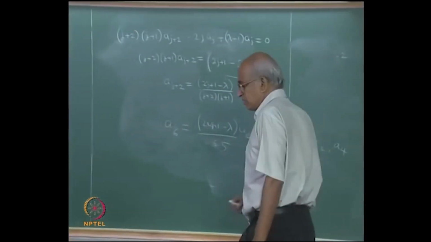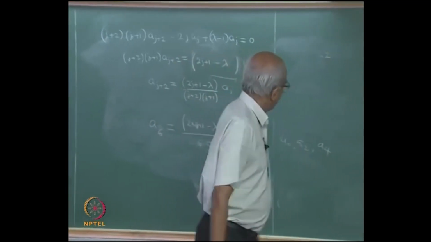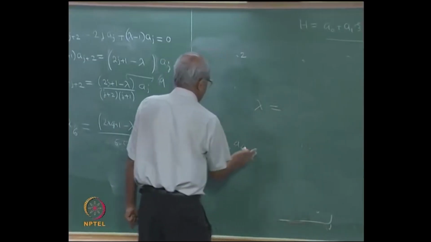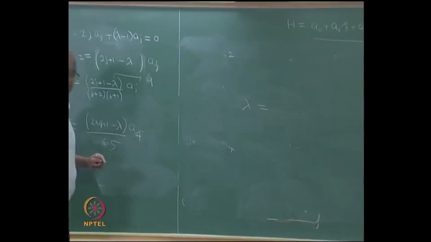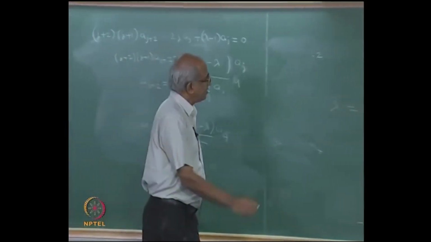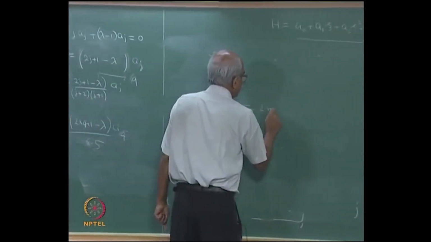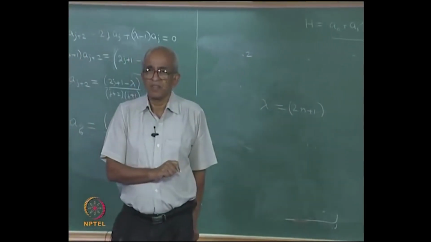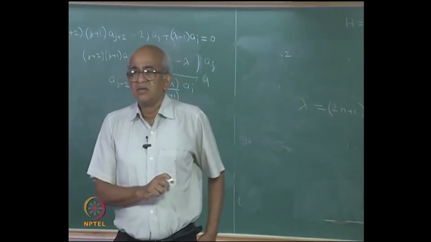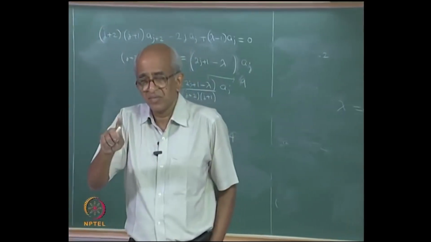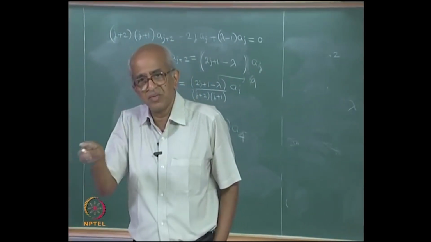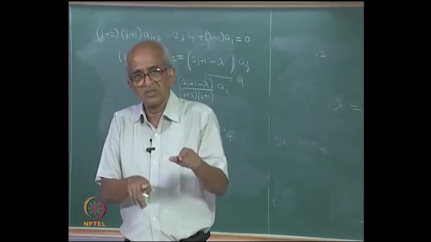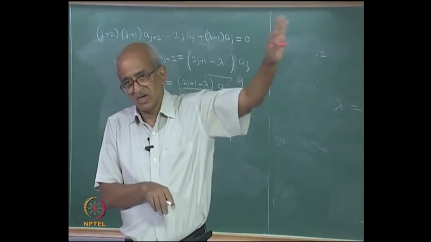So, therefore, what is the solution? The solution is very simple. I should have lambda equal to, what? If I had lambda equal to 2n plus 1, where n is an integer, then a n can be non-zero, but a n plus 2 will be 0, and if a n plus 2 is 0, everything higher will also be 0.